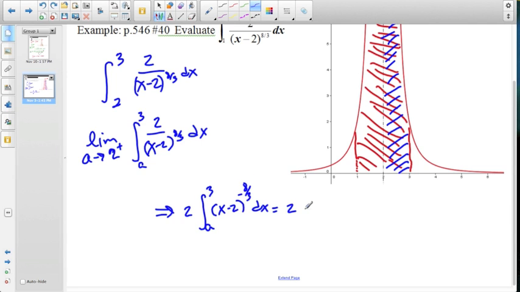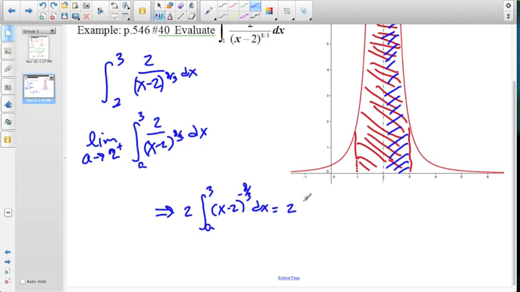When I look at this, bumping the exponent up by 1 is going to make it negative 8/3 plus 3/3, which is negative 5/3.